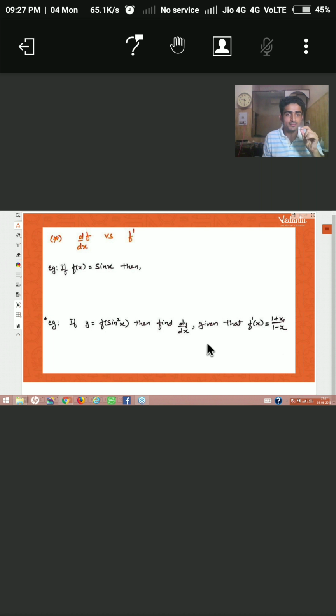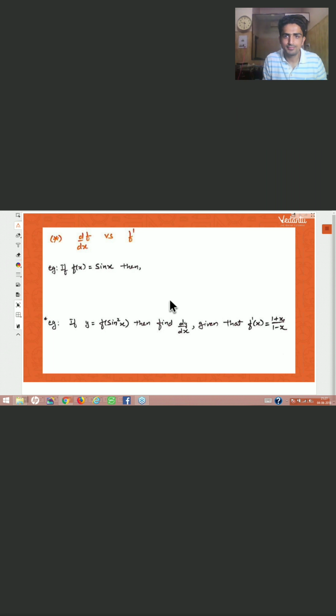Next little concept is derivative of f with respect to x and f dash. Are they same or not? That is the concept. Listen guys, first of all, let us see what is f dash.